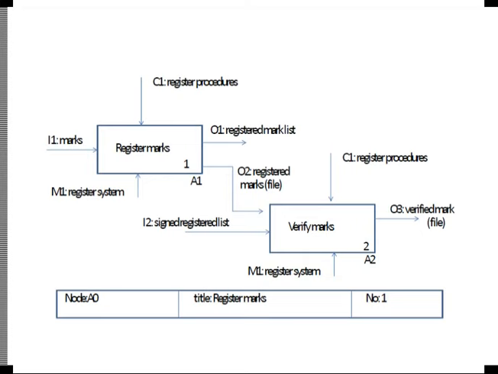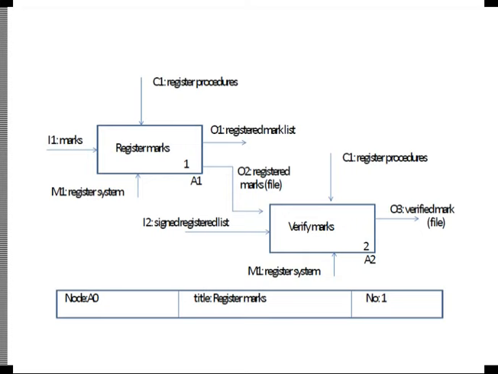Alright. Did you have input 1, being the marks in this process? Well, it should be. And this is the first, that's why I numbered it 1. This is the first activity. After this activity, this one takes place. That's why this one is 2. Sometimes also referred to as A1, A2.